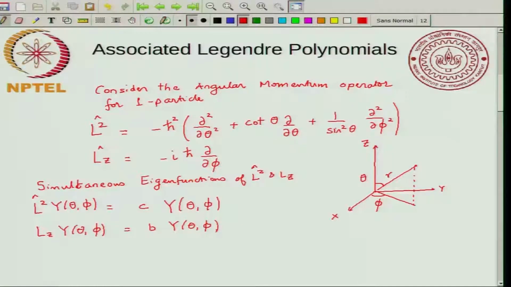We are trying to find a y that satisfies these two conditions, and these two conditions will give you some differential equations. Before we do that, this is a function of two variables, so we'll use separation of variables.